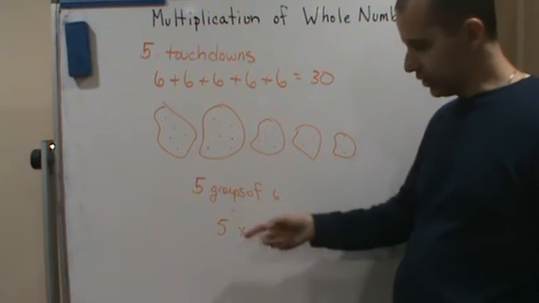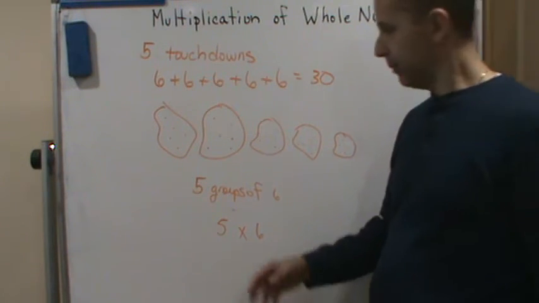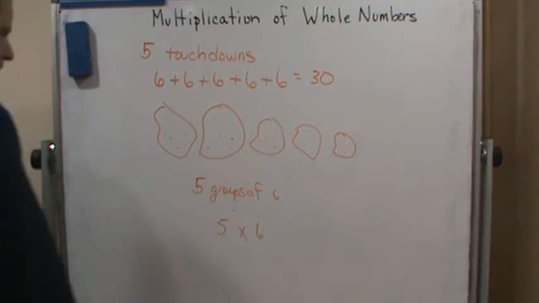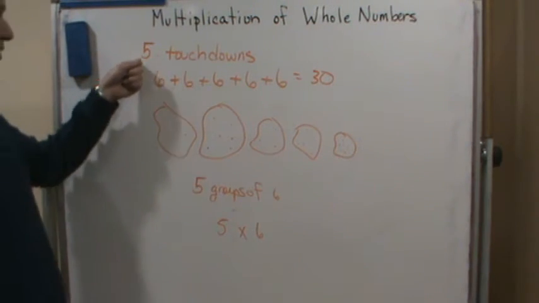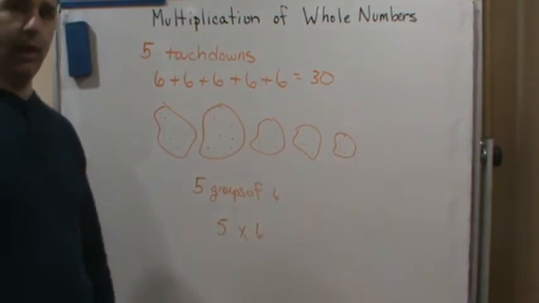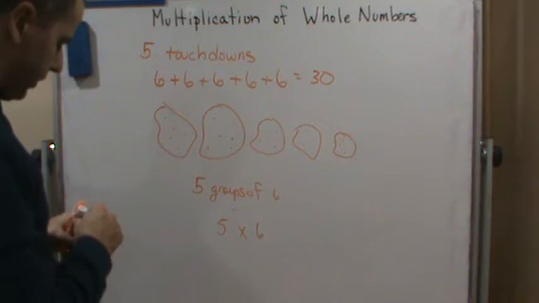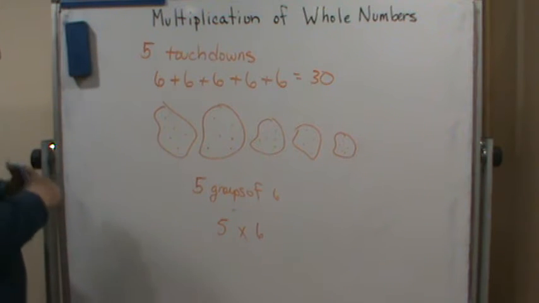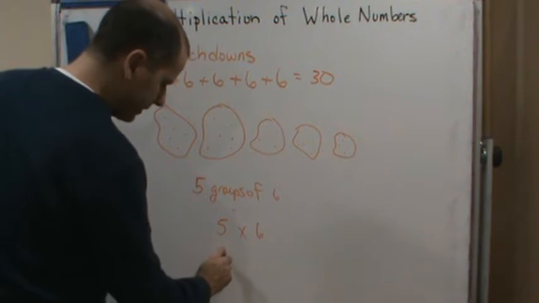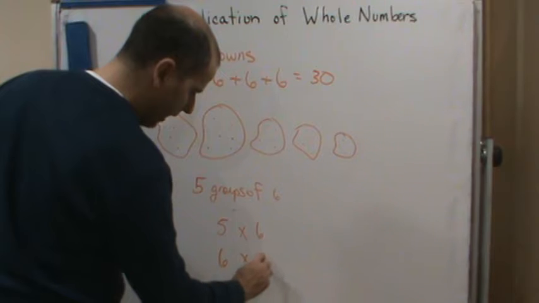Or 6 groups of 5. Same thing. But in this case, since we're dealing with touchdowns, it makes sense that 5 touchdowns would give us 5 groups of 6 points each. Okay? And so that's the idea behind multiplication. Now, one of the other things too, and I alluded to this a moment ago, is that we can write this as 6 times 5.